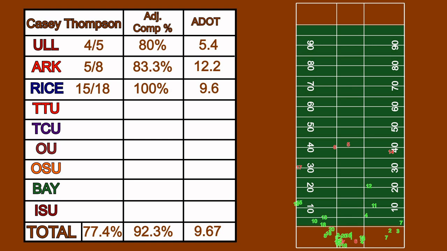The one to Joshua Moore was at over twice the distance. The defender just made a really good play on it. If the defender didn't make a good play, Joshua Moore's coming down with that, and it's a touchdown, and the Xavier Worthy one doesn't even happen. But Casey Thompson showed a lot of promise in this Rice game.